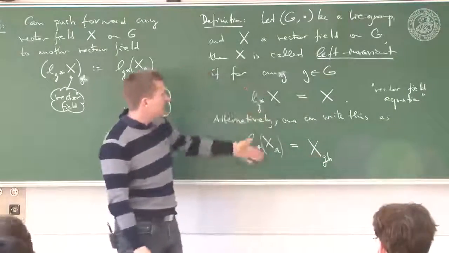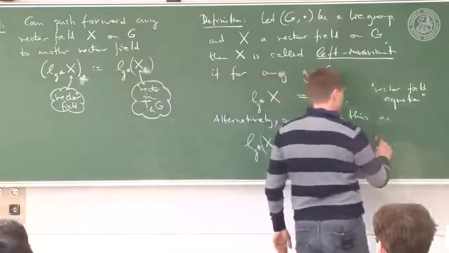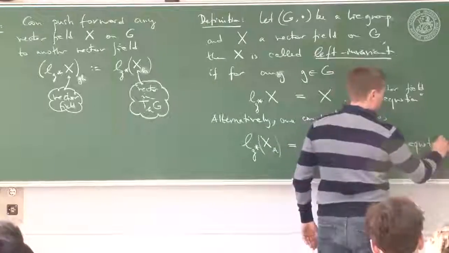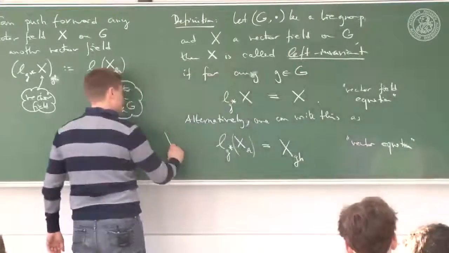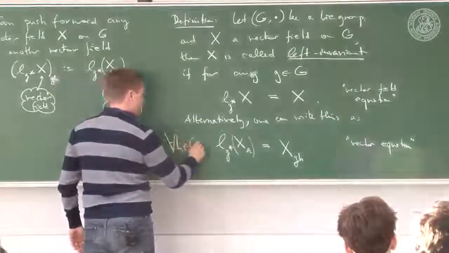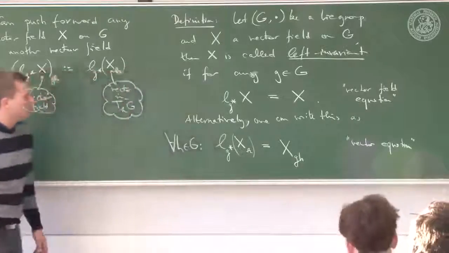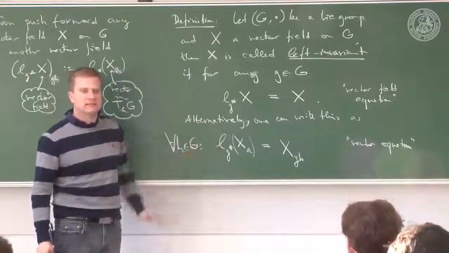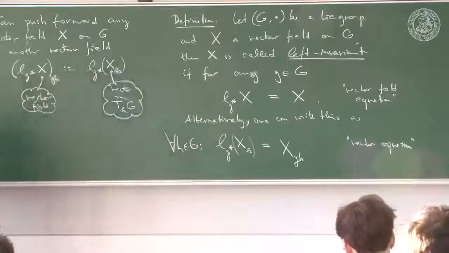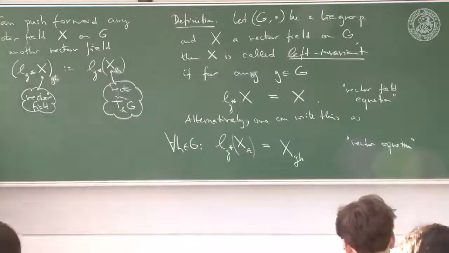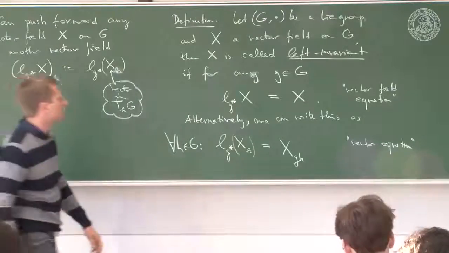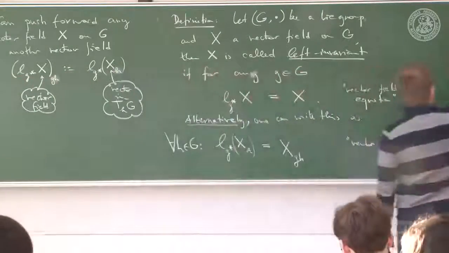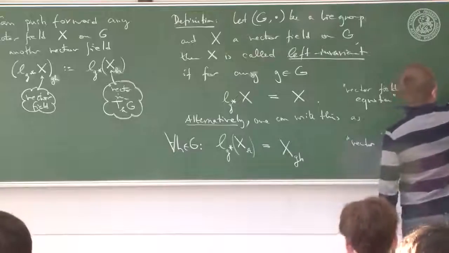Well, that's the same as here, but now it's a vector equation. Now, how can that be? Well, because now you've got to say for every h in G, this is true. It's just the same as here, but written pointwise. Okay? So that's one reformulation. That's very useful. And there's yet another reformulation.